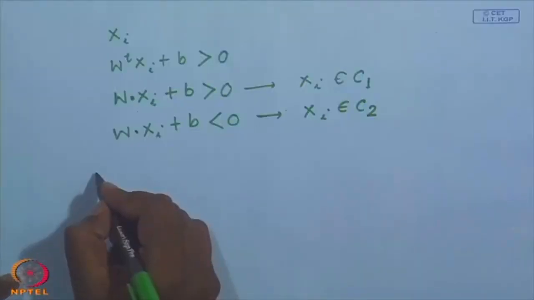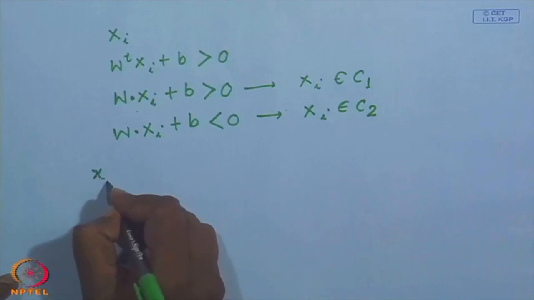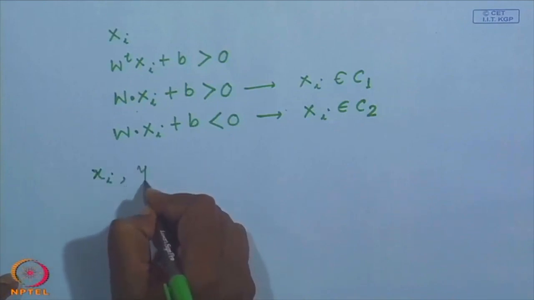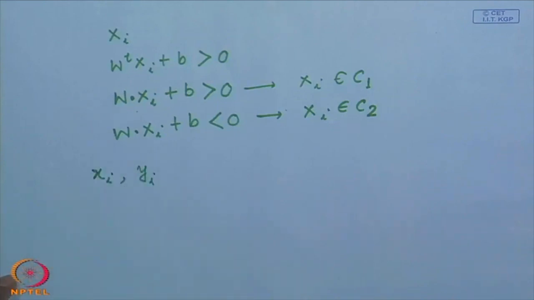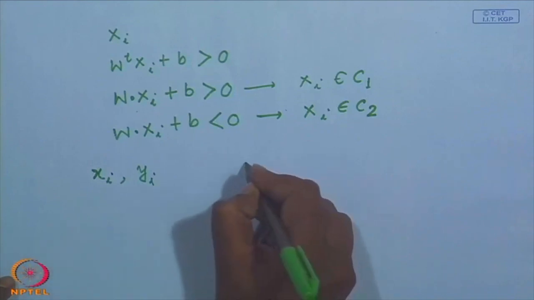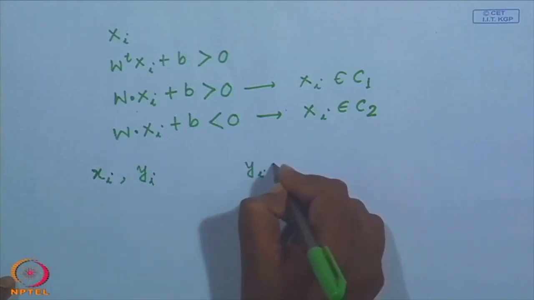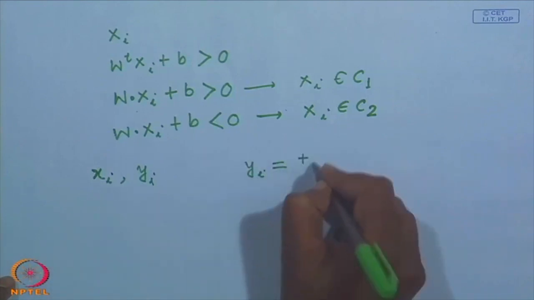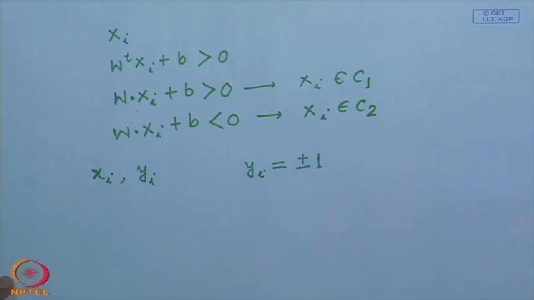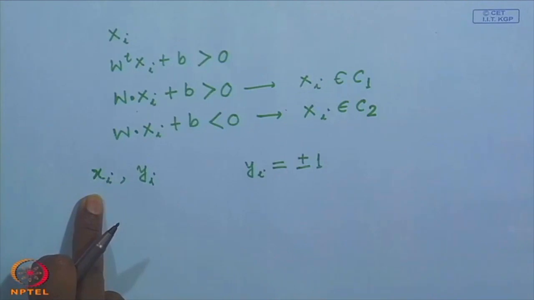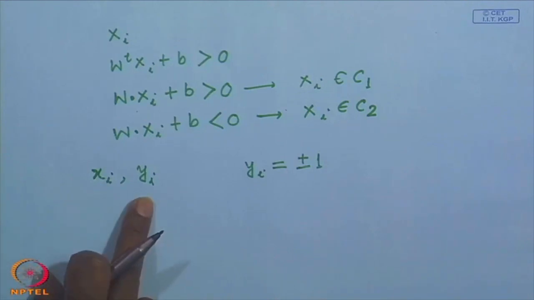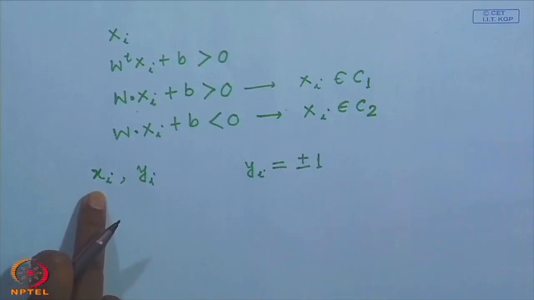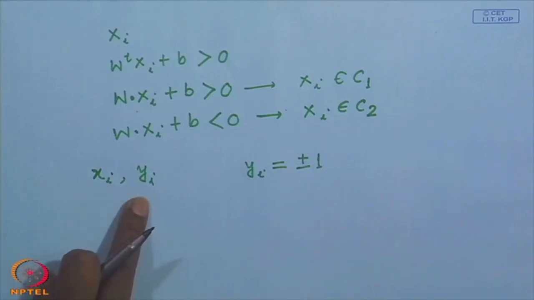Along with every x_i I can also give a y_i, where this y_i can be either plus 1 or minus 1. If x_i belongs to class C1, the corresponding y_i will be positive. If x_i belongs to class C2, the corresponding y_i will be negative.